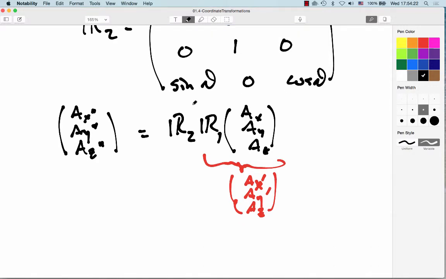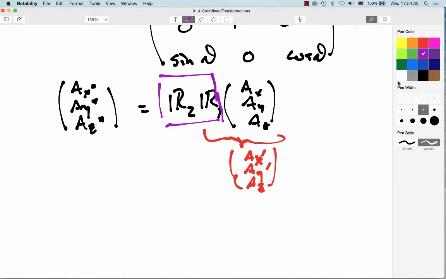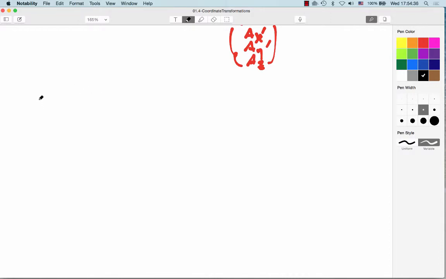So the combined transformation matrix will be the product of the two rotation matrices. My complete rotation matrix, let's call it R, is equal to R2 R1.